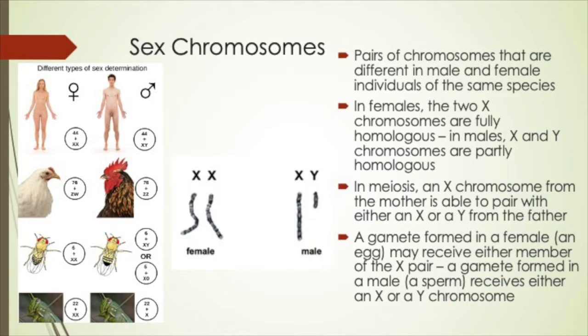So in our bodies, the sex chromosomes, the pair of chromosomes that make us different from the male and female side, is the 23rd chromosome, right? In females, it's XX. In males, it's XY, normally.